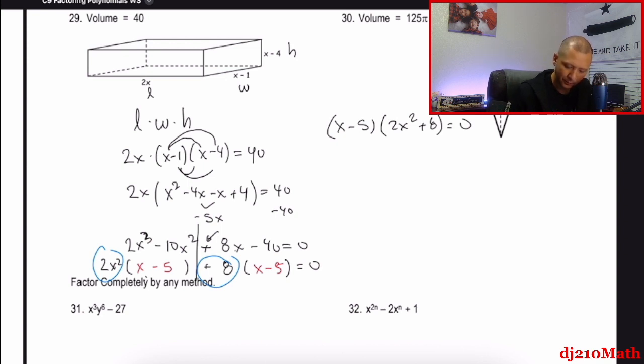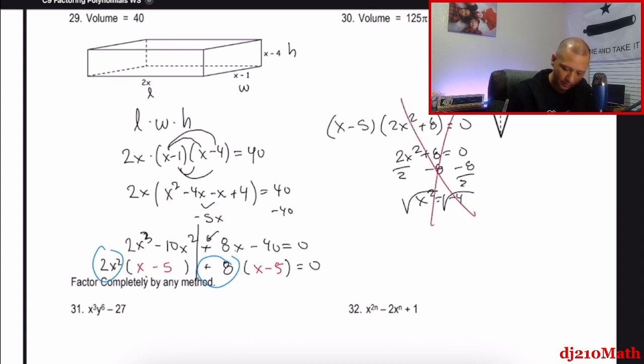Okay, so 2x squared plus 8 equals 0. So if I subtract 8, divide both sides by 2, x squared is equal to negative 4. When I take a square root, we have a complex number. So we don't care about this one. Right-hand side, x minus 5 equals 0. We see that x is equal to 5.